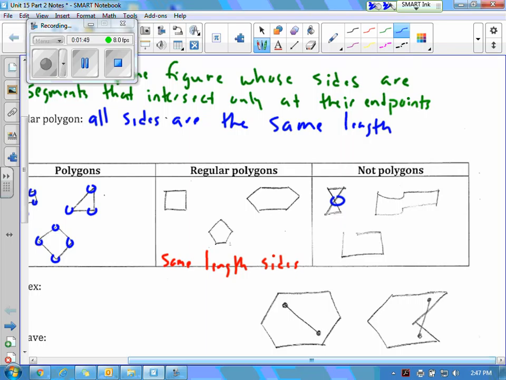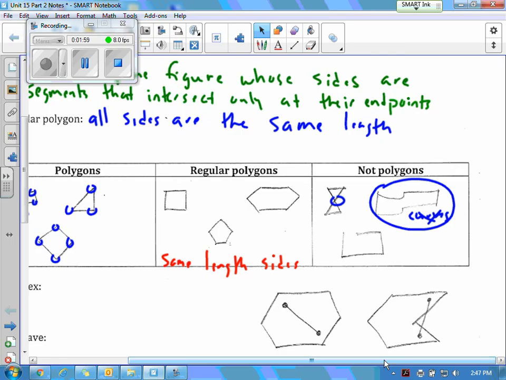This one right here is not a polygon because of the curves. They have to be segments, straight lines. And then it's kind of hard to see on the screen, but this last one is not a polygon because there's a gap right here. It's not closed, which makes it not a polygon. It's got to be a closed figure.